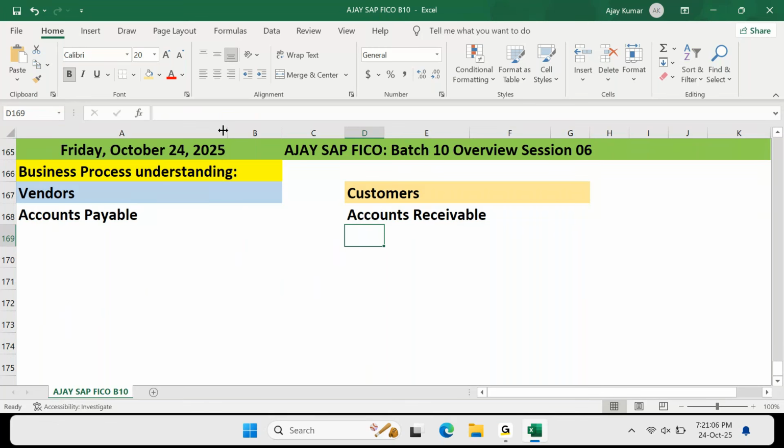Usually what we need to do, we need to understand basic accounts payable or complete accounts payable. What to do in a project? Complete, sir.